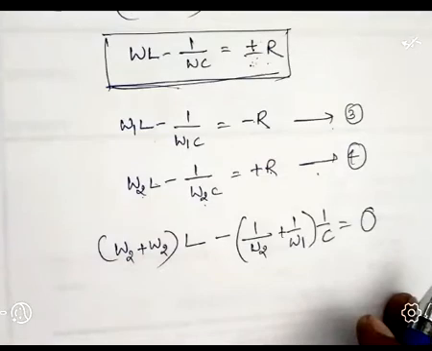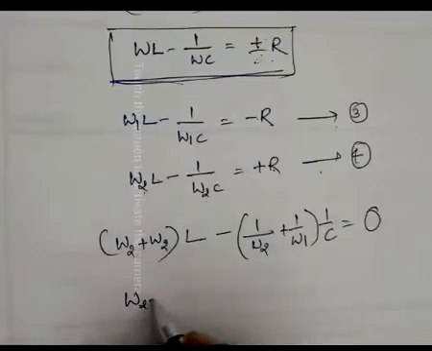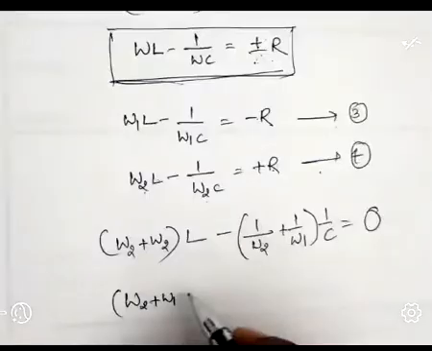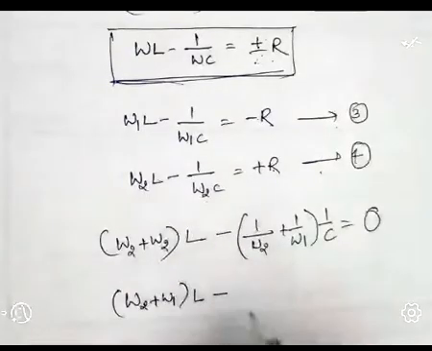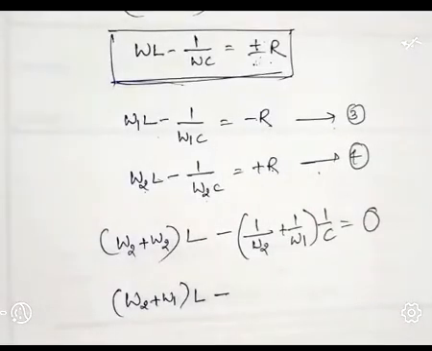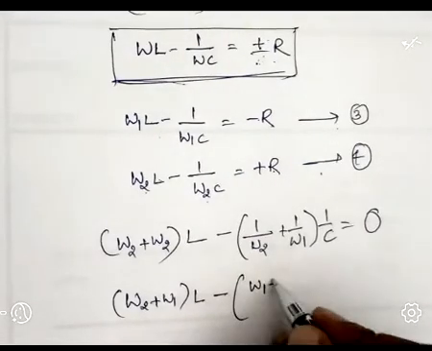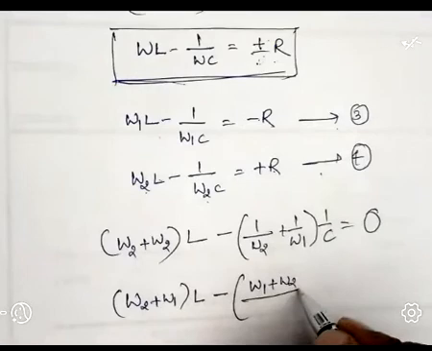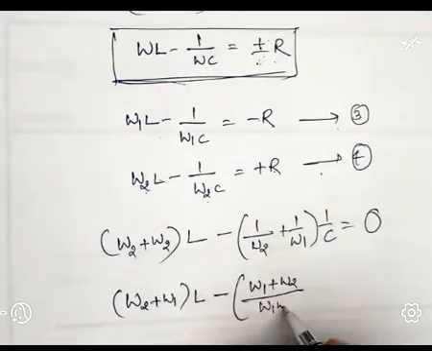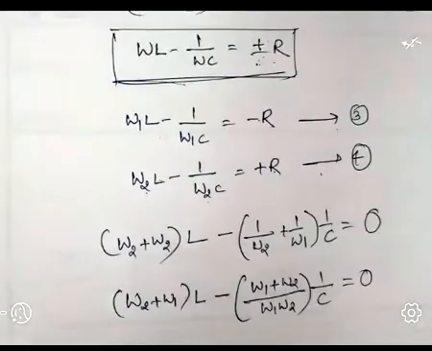For the simplification, omega 2 plus omega 1 into L minus, take the LCM. From the LCM, we are writing omega 1 plus omega 2 divided by omega 1 into omega 2 multiplied by 1 by C is equal to 0. Is it clear?